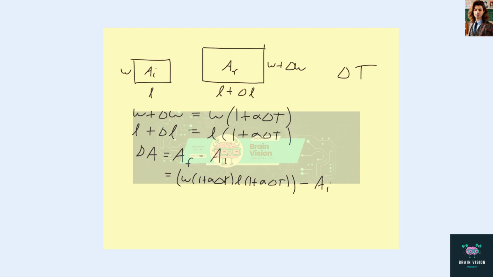Now you should be quick to notice that W times L is just going to be equal to our initial area, right? So our change of area is going to be area initial times 1 plus alpha delta T squared minus area initial.